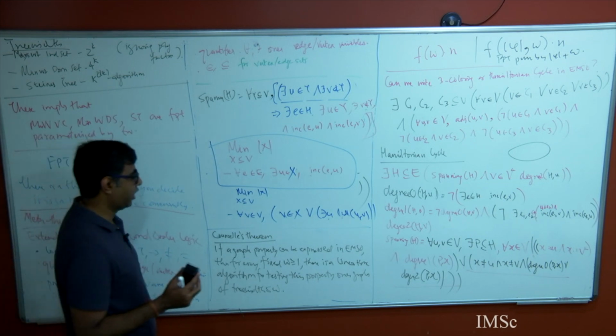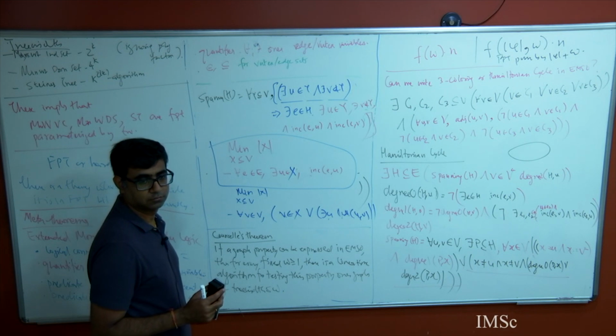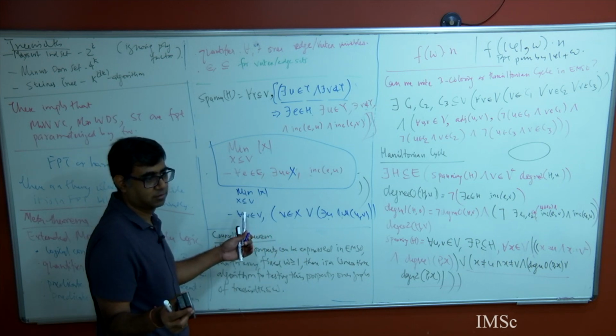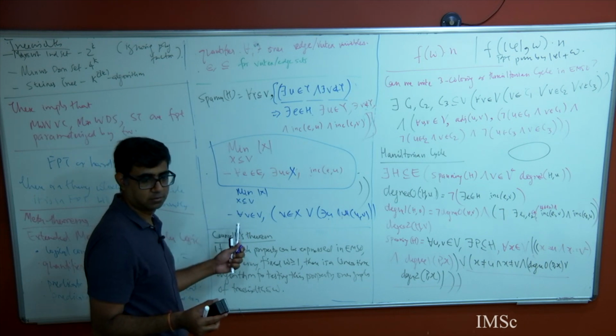How will you write, if I want to write, maximum vertex disjoint cycles as a constant length formula? Can you write it?